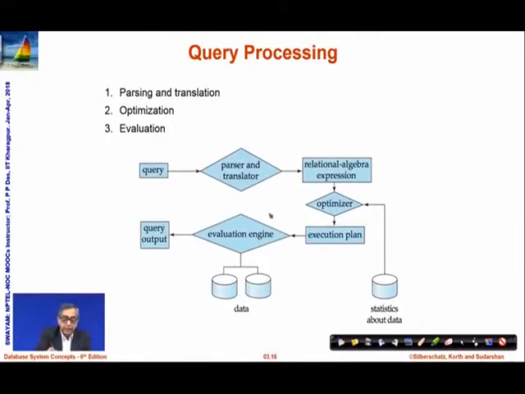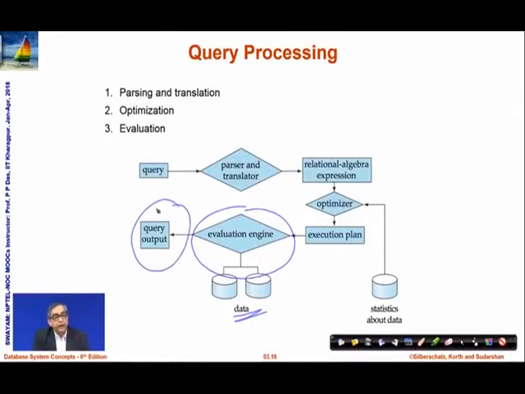Once that has been done, it passes on to an evaluation engine which actually runs that query on the instances of the data that you have, and that brings out the resultant query output, which is another table of results. So, this query processing is a core part of a database engine, which allows us to write text based queries and retrieve data efficiently, update data efficiently, insert data efficiently, and so on.